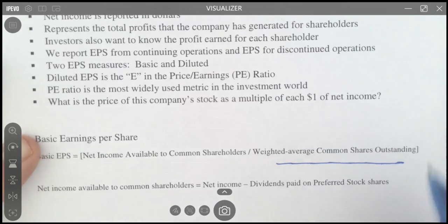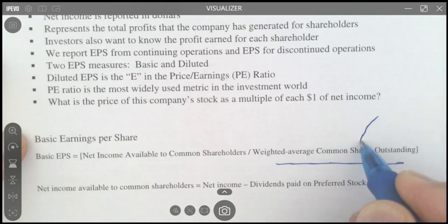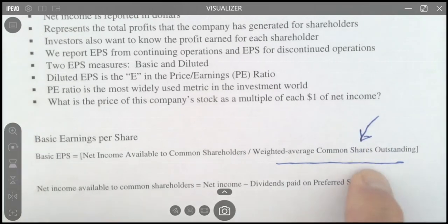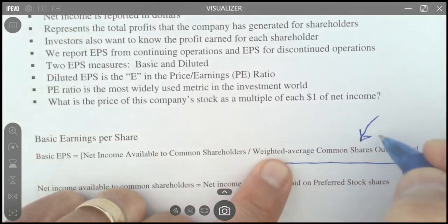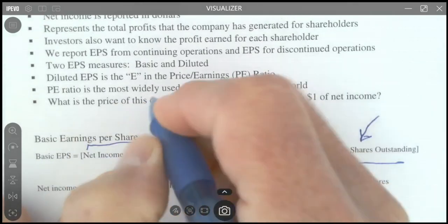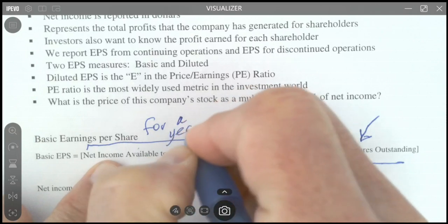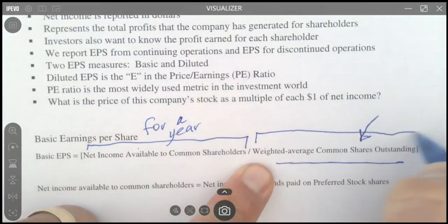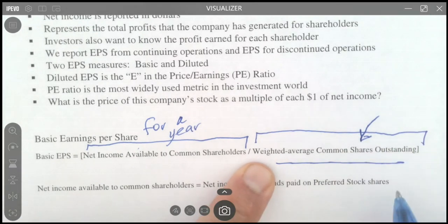And by the way, this happens fairly commonly because a lot of managers have stock options. So weighted average common shares is some weighted average measure of the shares over the whole period. Remember, net income available to common shareholders is for a year or for some period of time. And so the denominator must represent the number of shares over that period of time, which might be changing.